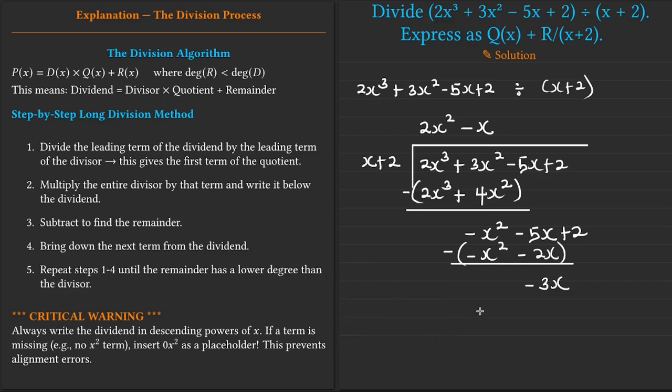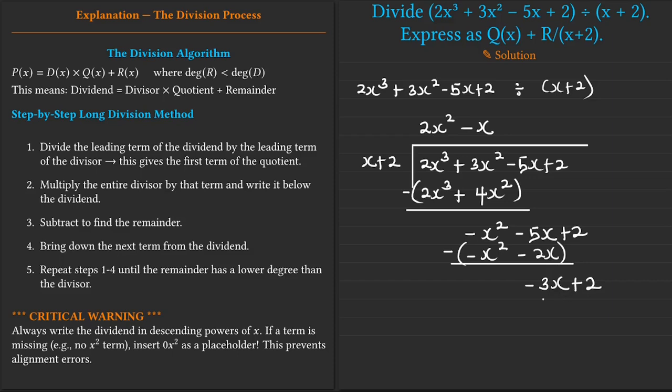Then we have negative x squared minus negative x squared. The negative here gives us a positive, so indirectly the x squared cancels itself. We are done with that. This here is our last term that had no counterpart to do our subtraction, hence we bring it down. So we have a plus 2.